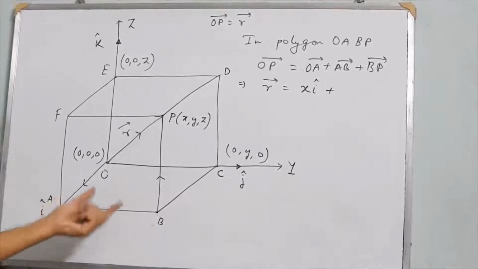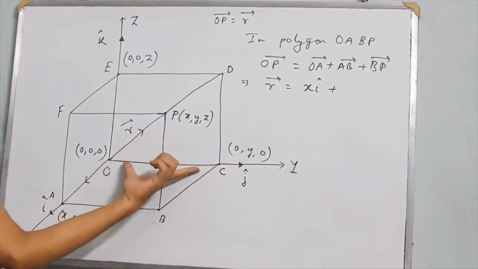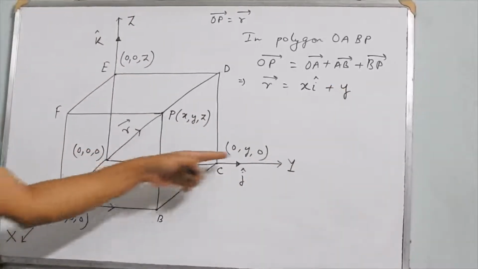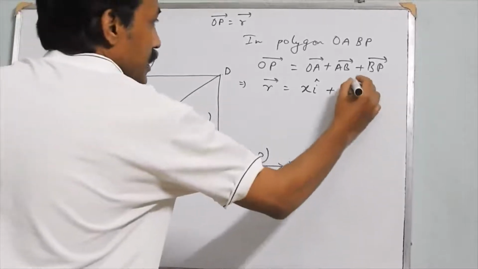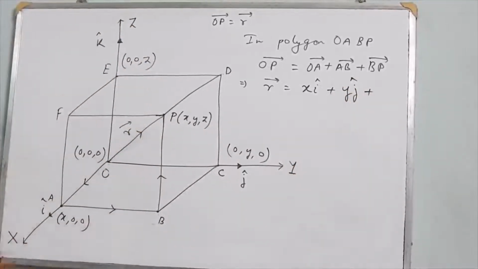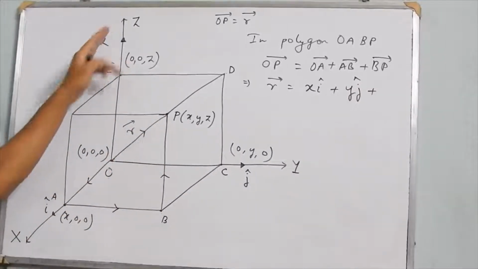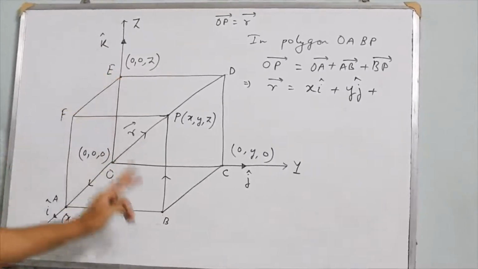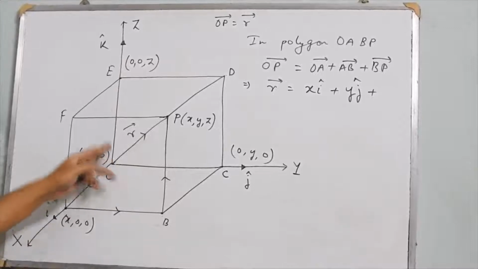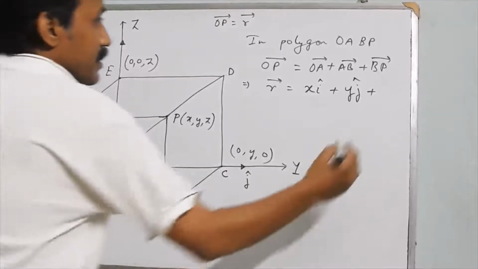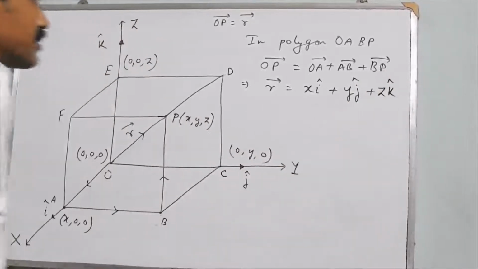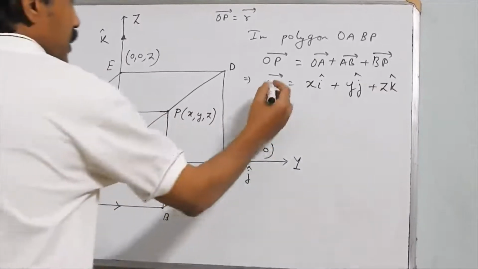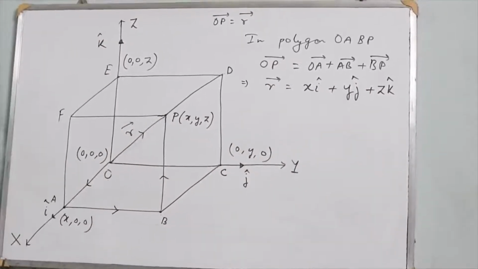AB is parallel to OC, and because OC is y, AB is also y, and its direction is along y, so it is y j hat. BP is parallel to OE, and OE is z, so BP is also z, and its direction is along the z-axis, so this is z k hat. Thus, for any point having coordinates x, y, z in space, you have the position vector x i hat plus y j hat plus z k hat.